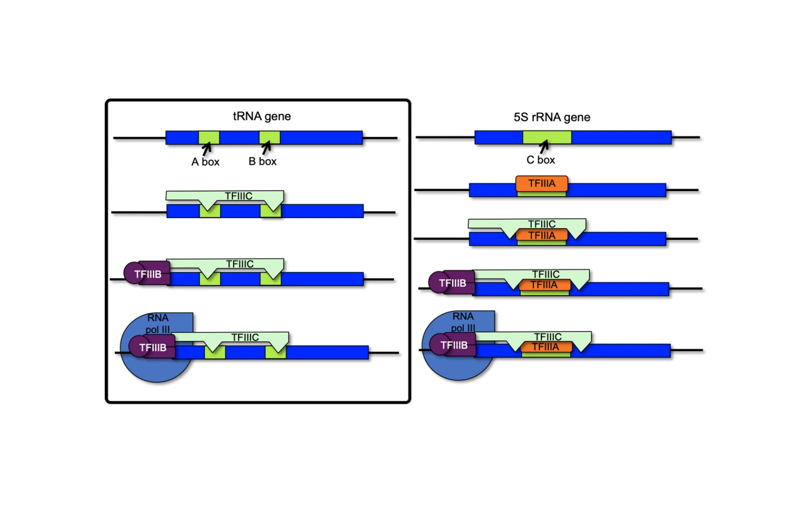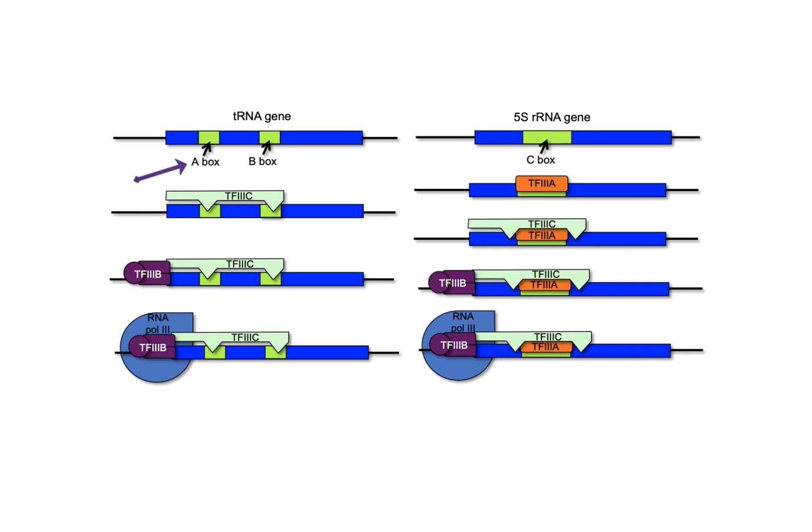So within a tRNA gene, within the RNA that's actually expressed, there's what's called an A box and a B box. And transcription factor 3C binds with that region. And then that attracts transcription factor 3B, which then binds there. And that then orients the RNA polymerase 3 to the promoter region to start transcription.